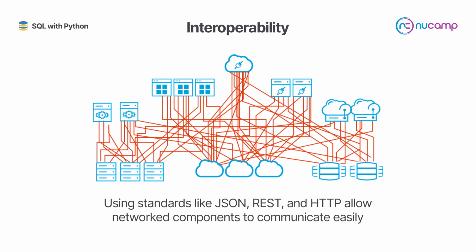This is the concept known as interoperability. The REST specification also includes guiding principles about more advanced topics like caching and system architectures. We won't cover those, but we will provide some additional resources in the video notes for those who are interested.